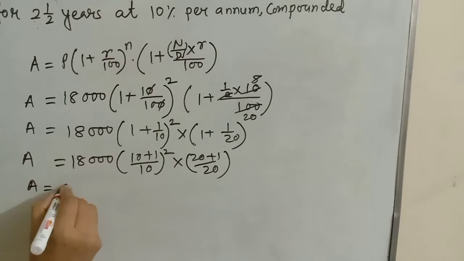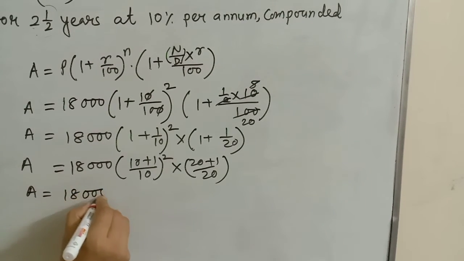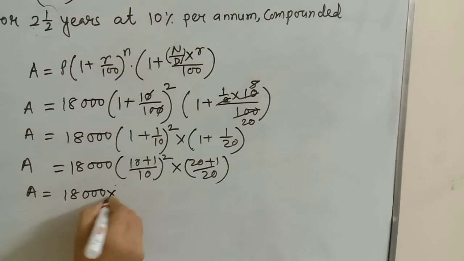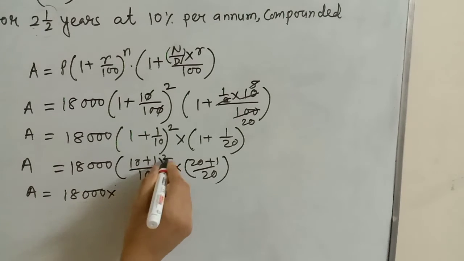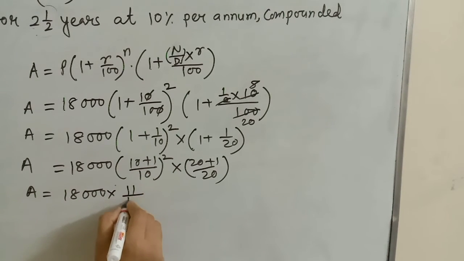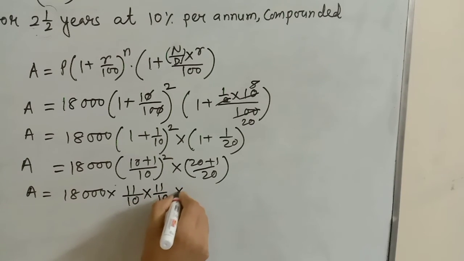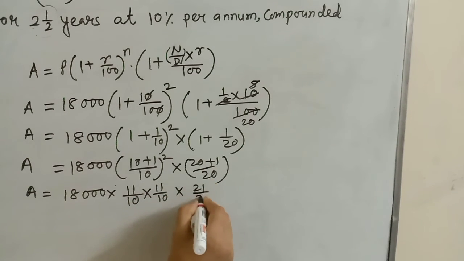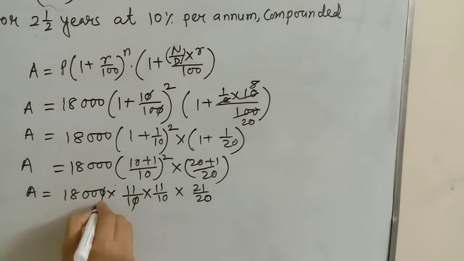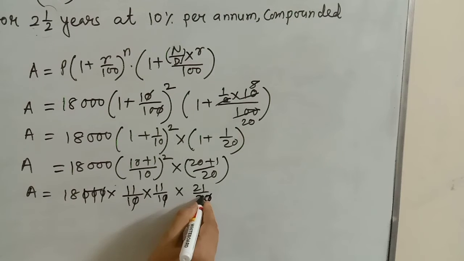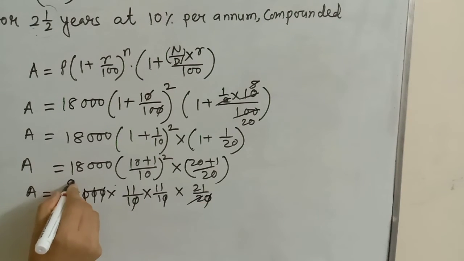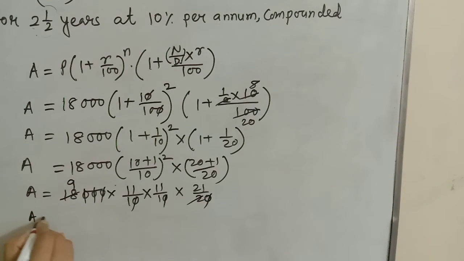Amount is equal to 18,000 into 11 by 10 into 11 by 10, into 21 by 20. Now do the cancellation. Here it is 2. You can cancel 18 by 2.